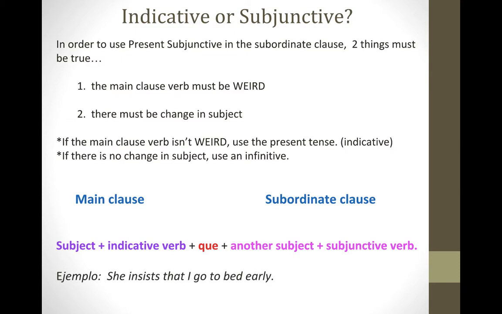She insists that I go to bed early. It's her desire, her hope, her wish, her want that I go to bed early, but will I? That is the part that's unknown or uncontrollable. So I go to bed early is where I need to put the subjunctive. To say that in Spanish, you would have, ella insiste en que yo me acueste temprano.